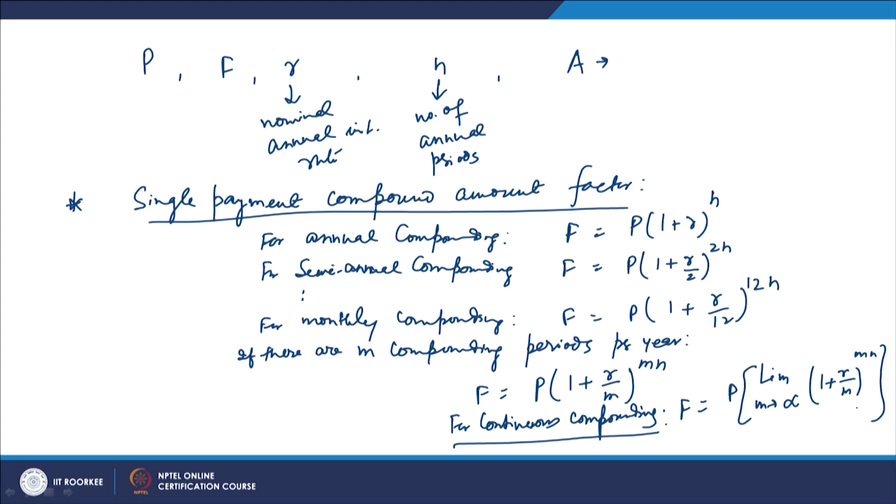Now, what we can do is write this factor again as limit m tending towards infinity, (1 plus r by m) raised to the power m by r, that is e, and then raised to the power rn. So, F will be P into limit m tending towards infinity of (1 plus r by m) raised to the power mn, written as m by r, and this whole raised to the power rn.